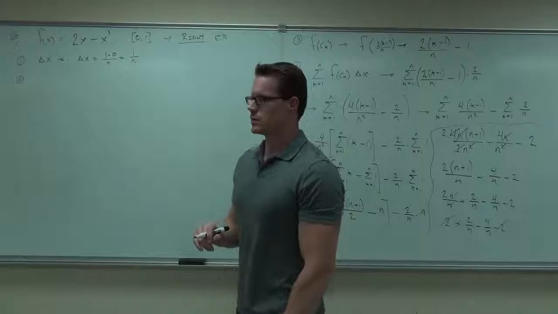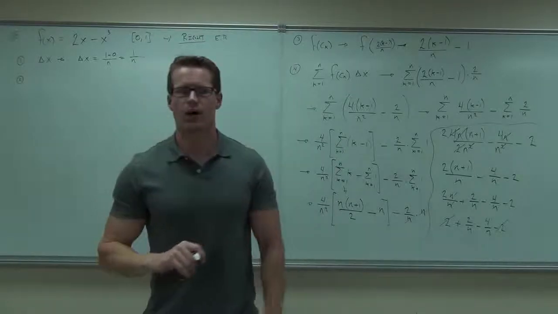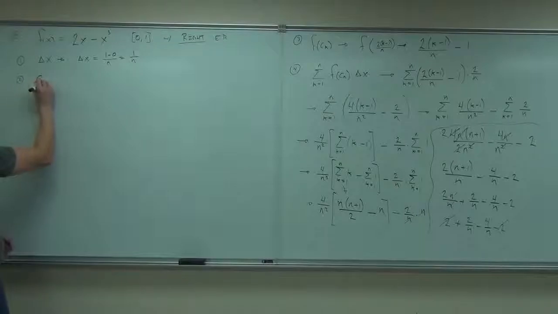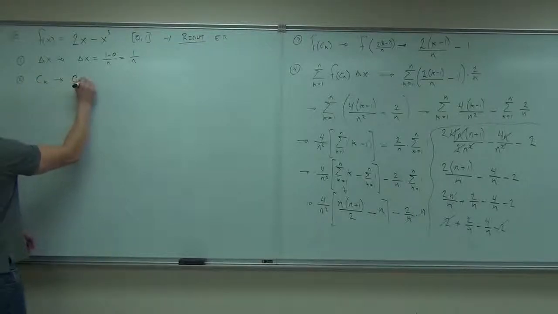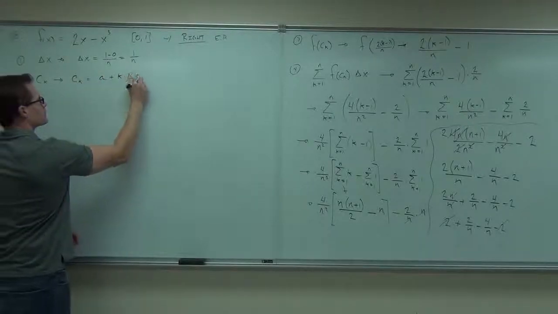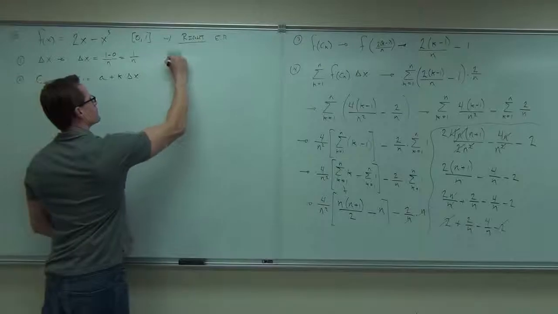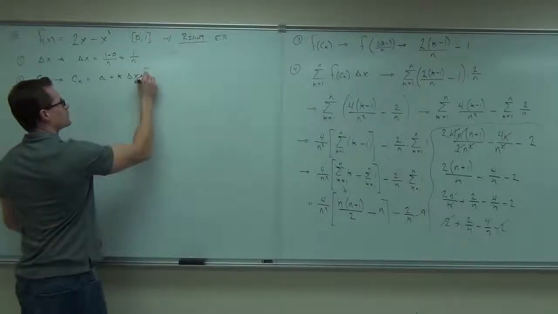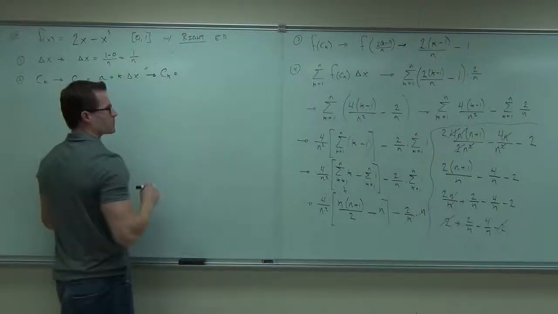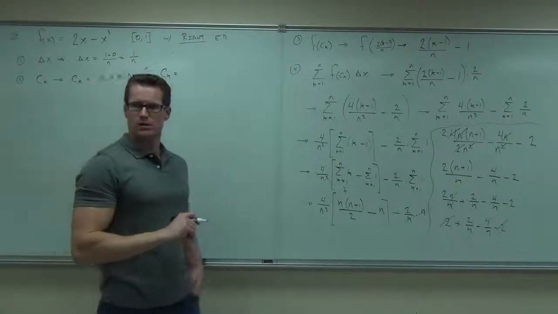What's the next thing that you do? Find C sub k. Okay, go ahead and do that. We're using right endpoints. Did you find C sub k already?